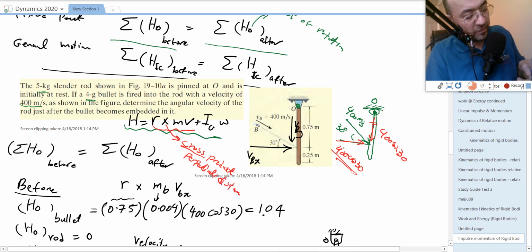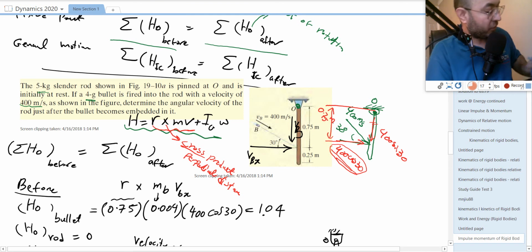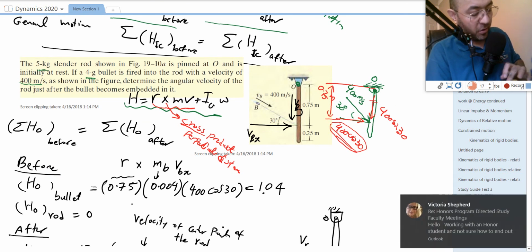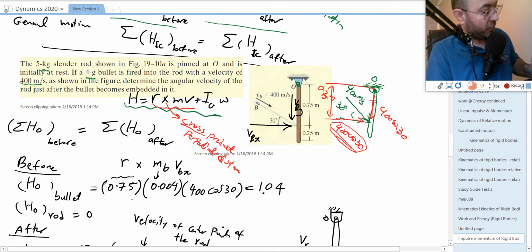So it would be 400 cosine 30 times the distance from here to here, which is 0.75 meters. In our calculation, we have r, which is 0.75, and the mass of the bullet is 0.04, times 400 cosine 30.